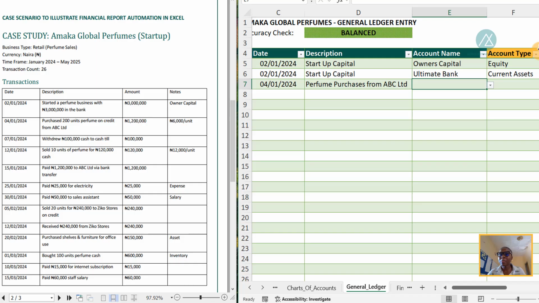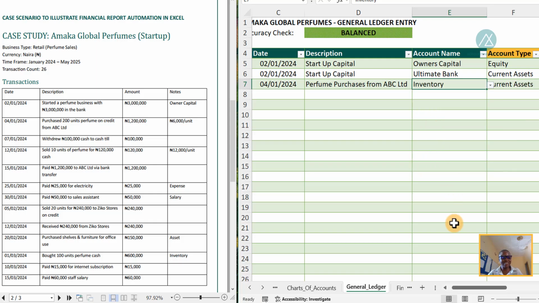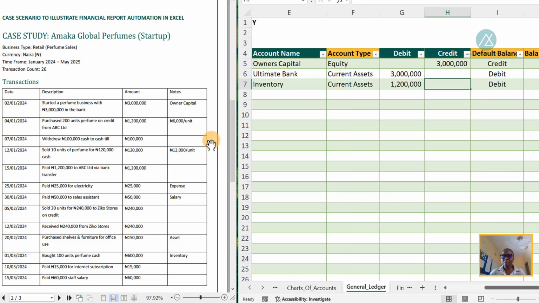So first, we'll start with the inventory. Mostly we start with the debit side, right? So then what amount? You see, it says 1,200,000 because it's 6,000 per unit. We need this per unit cost of purchase. So 6,000 per unit, 1,200,000. All right.